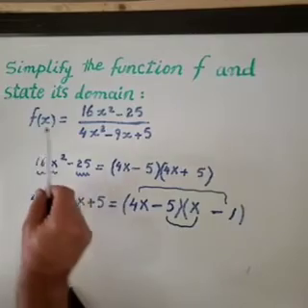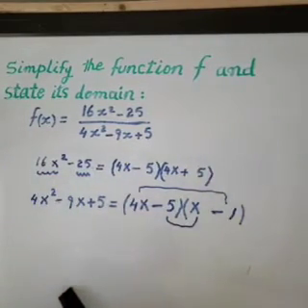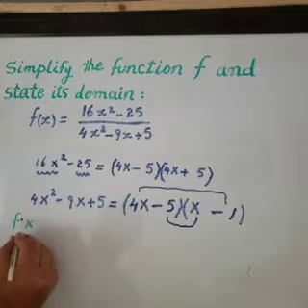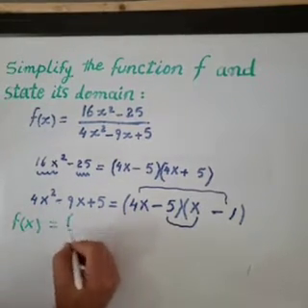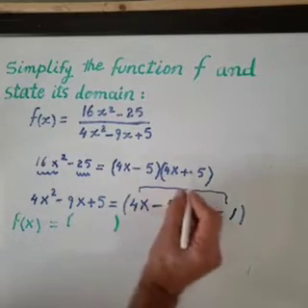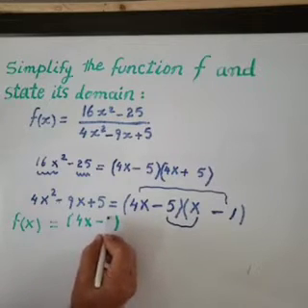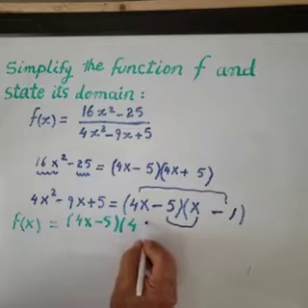So I will rewrite f of x in its new shape. I will write f of x is equal to the new numerator, which will be these two factors, 4x minus 5 times 4x plus 5.